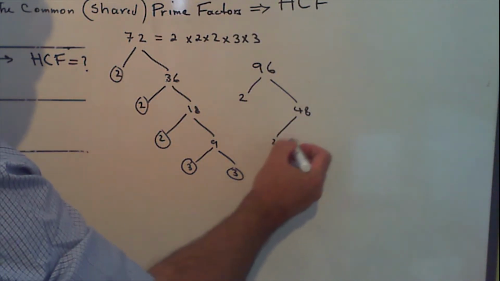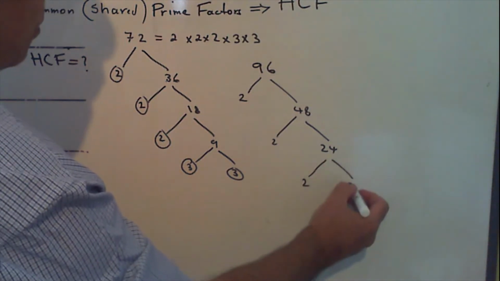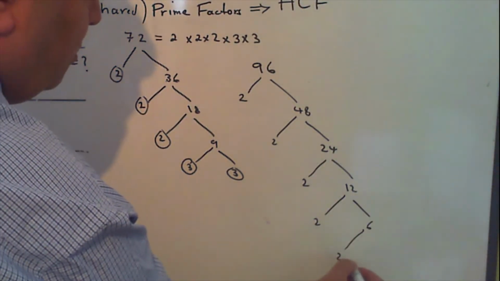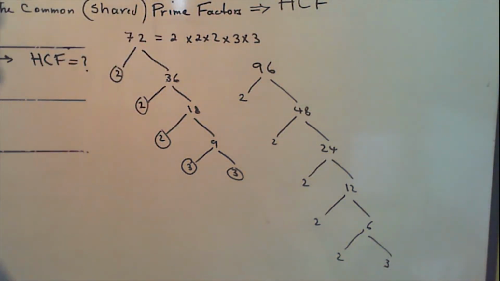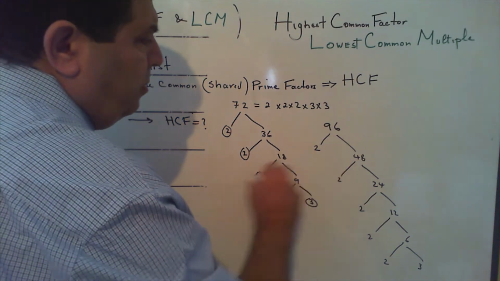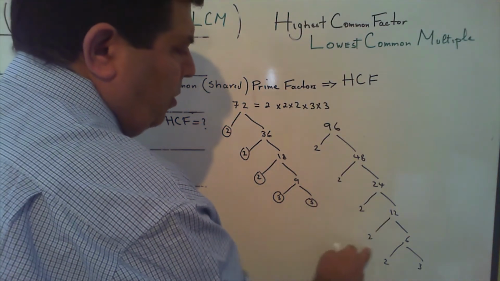Can I divide by 2? It's 24. Divide by 2, I get 12, 6, and 3.